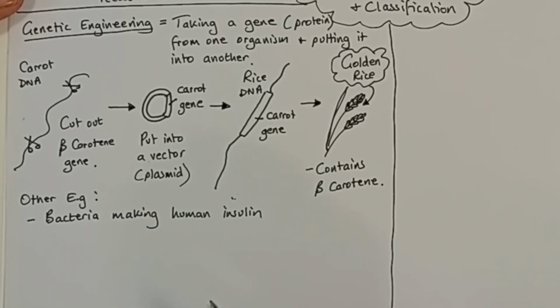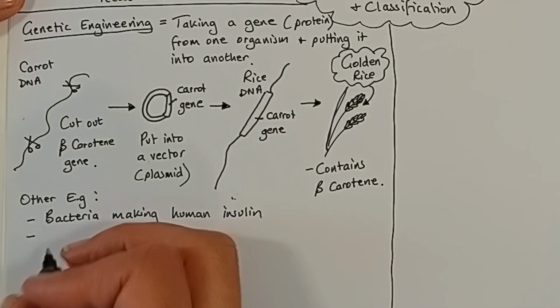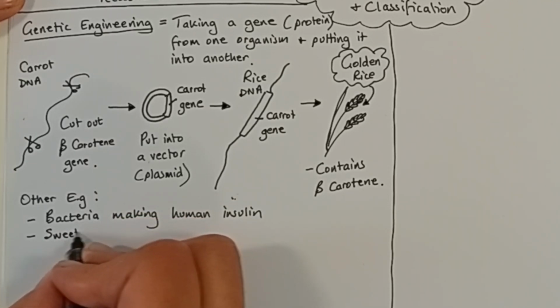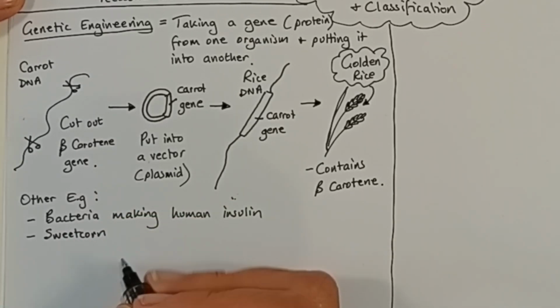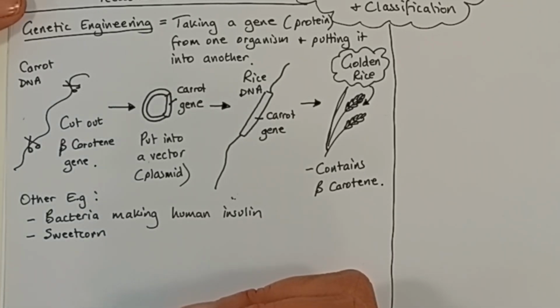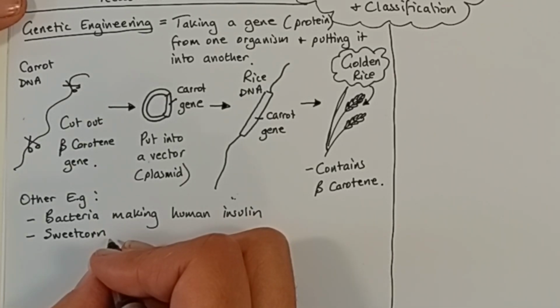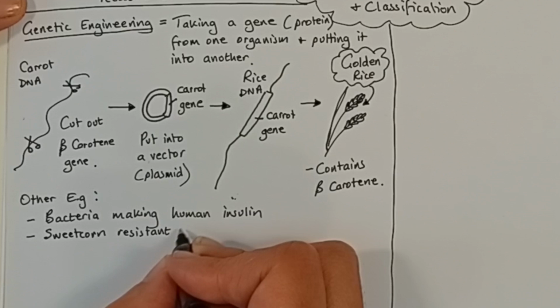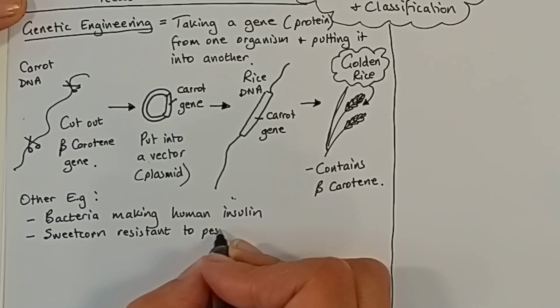The insulin's much better. We can also use it to make plants that are resistant to pests. So, for example, sweet corn, or maize, as it's called, can be made resistant to beetle larvae, maggots, because it contains a pesticide. So sweet corn resistant to pests.